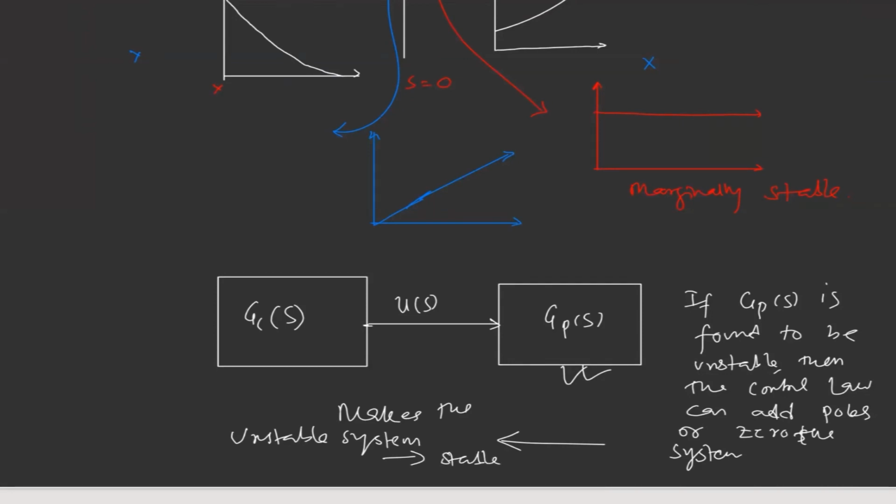So this is how we design the control algorithm. We'll be doing all these things later also, with some examples of how we can make the unstable system stable using the control.